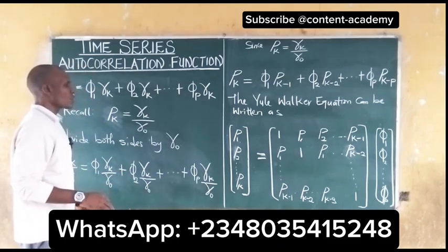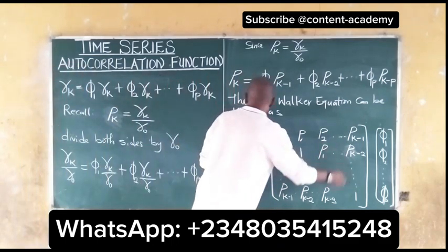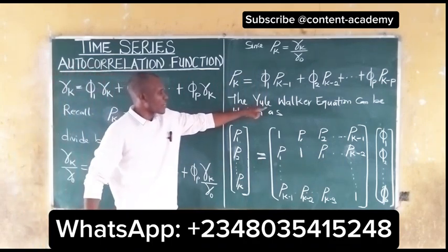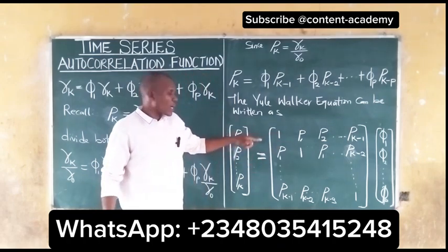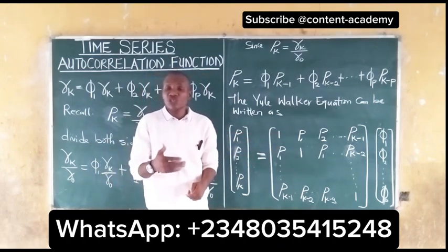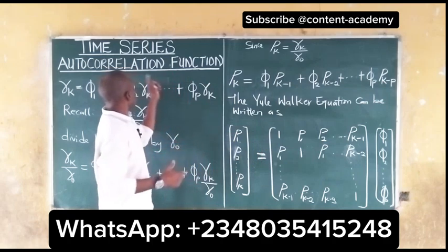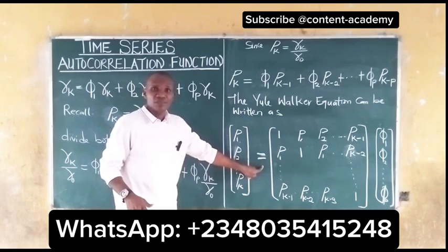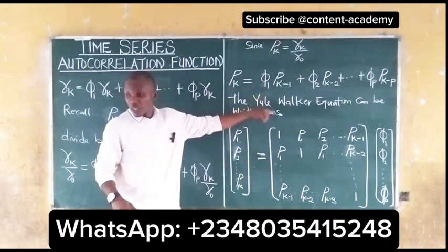We can simply write the whole of this. This is what we get. We want to write our Yule-Walker equation. Our Yule-Walker equation, which is used to explain the autocorrelation function, can be written as this, if we have gone through all the processes.